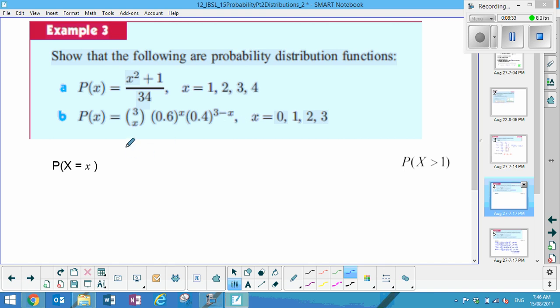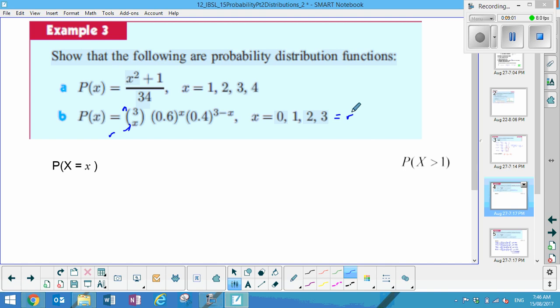So here's our function. It's a probability based on x. Our x has these possible values, 0, 1, 2, 3. And in our binomial distribution, remember that was our n value up here, and this was our r value. So here's our r equal to 0, r equal to 1, r equal to 2, r equal to 3.